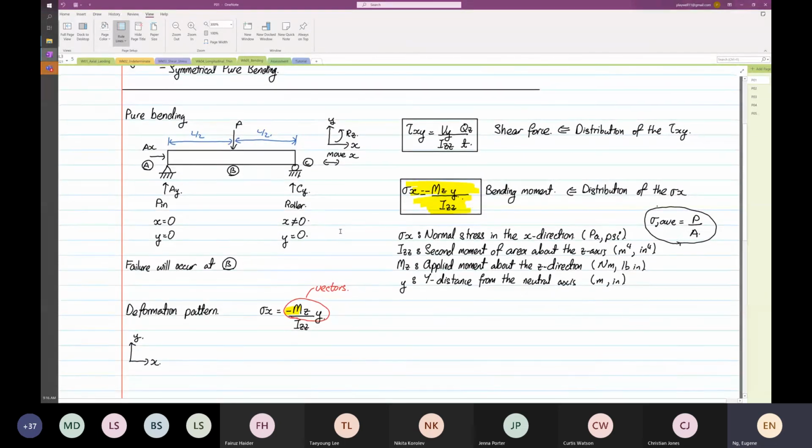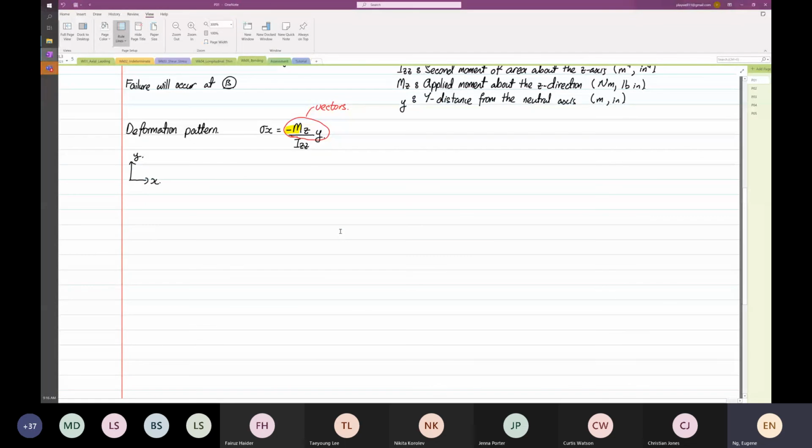So we have a deformation pattern that looks like this. Okay, so this is our deformation pattern.